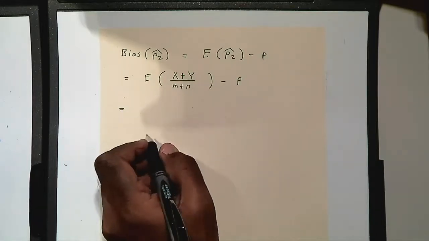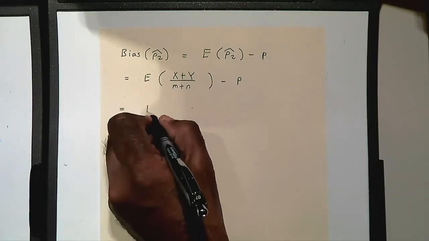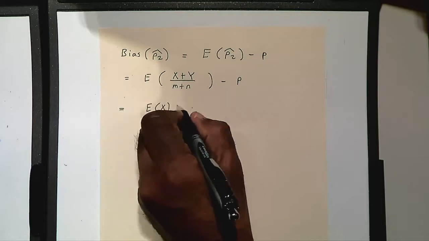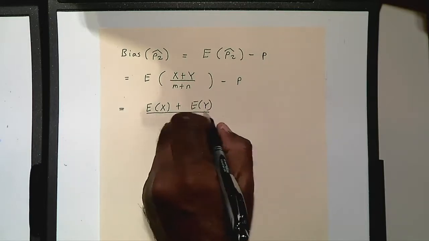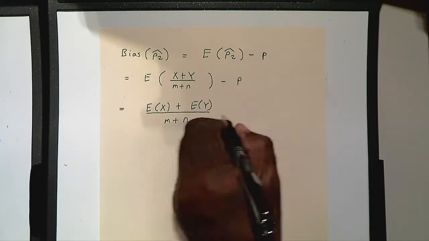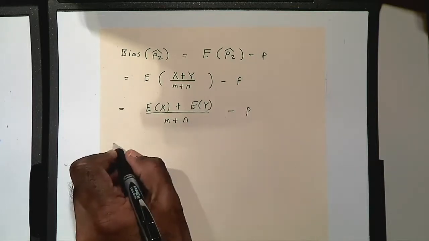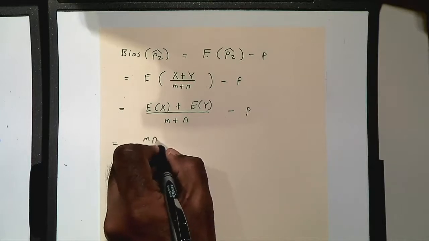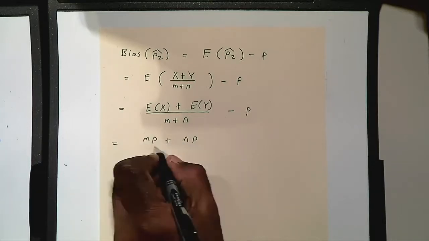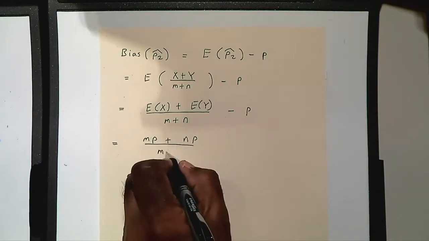Taking the expectation inside, you get expectation of X plus the expectation of Y divided by m plus n minus p. Expectation of X, I'm sure all of you know, is mp plus np divided by m plus n.